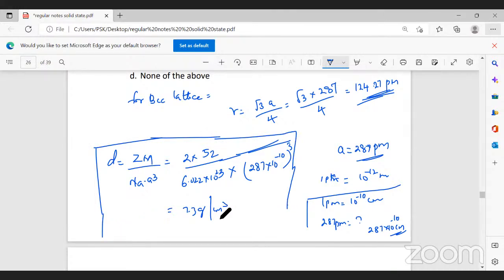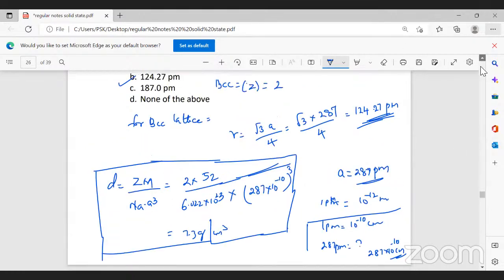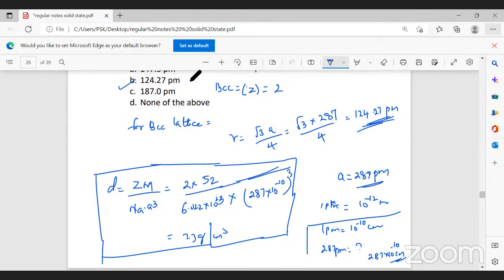So this type of question also is possible. They can ask you the radius as well as they can ask you to calculate the density. Both in the options they can give 124.27 and 7.3 gram per centimeter cube.